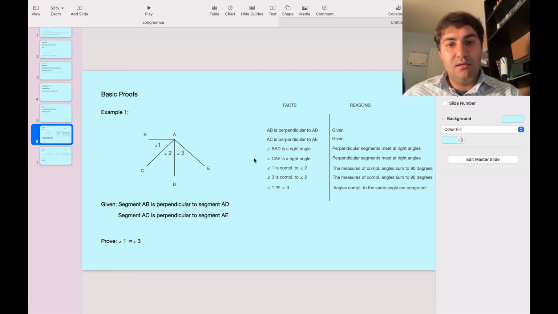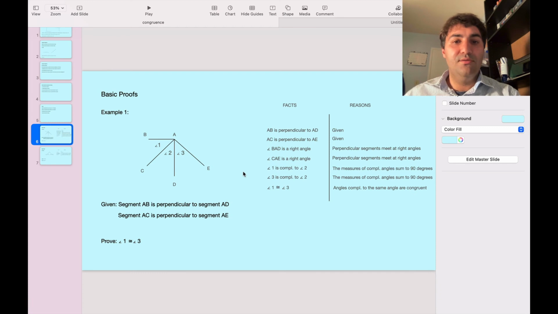Likewise, since we know that CAE is a right angle, or 90 degrees, if we add the measure of angle 3 with the measure of angle 2, we will get 90 degrees as well. So angle 1 is complementary to angle 2, and angle 3 is complementary to angle 2 as well.